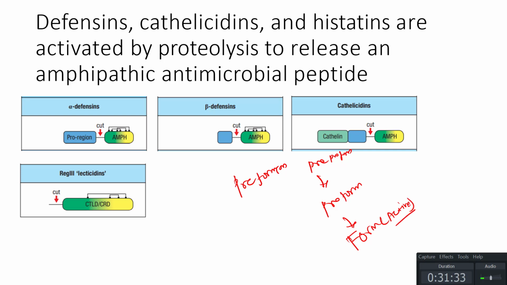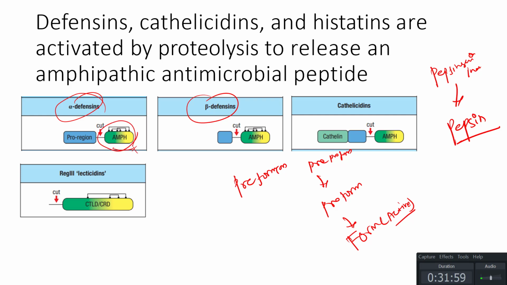For example, pepsinogen is synthesized as inactive and becomes pepsin. Likewise, alpha defensins or beta defensins are synthesized as a precursor molecule with a pro region and an amphipathic region. Amphipathic means it has both positive and negative elements. Whenever the pro region is cut, the amphipathic region of the alpha defensin is released.